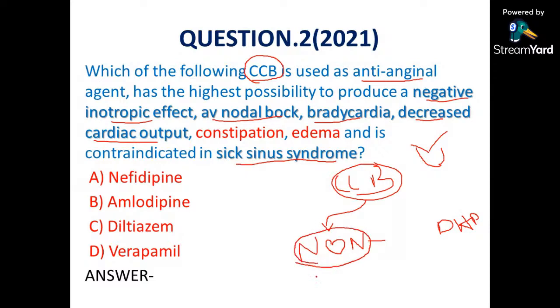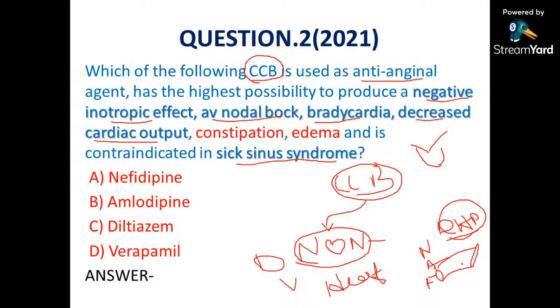Non-dihydropyridines act on the heart, remember this point, and dihydropyridines act on blood vessels. Examples of non-dihydropyridines are diltiazem and verapamil. And the drugs from dihydropyridines are nifedipine, amlodipine, felodipine. All the dipines are dihydropyridines, which act on blood vessels.